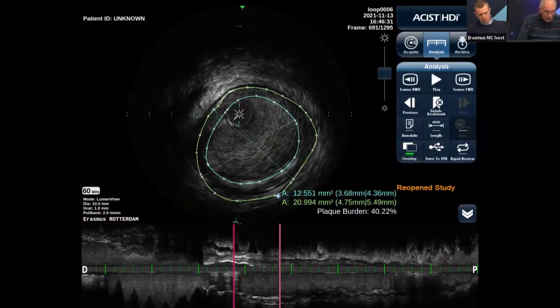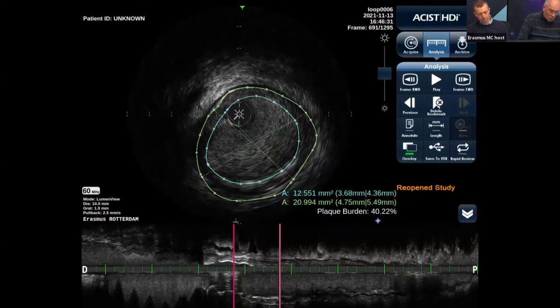By the way, this is how you do a plaque burden. You draw the lumen area and you draw the total vessel area, and then, well, there are discussions about EEM, forget that, just draw on the media, because that's easy to appreciate, and then automatically you get a plaque burden, in this case 40%.